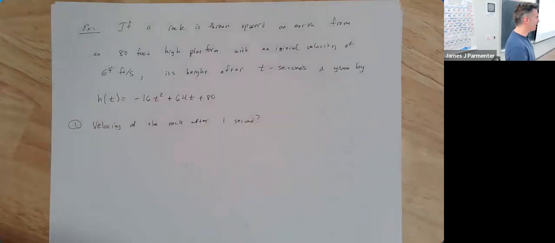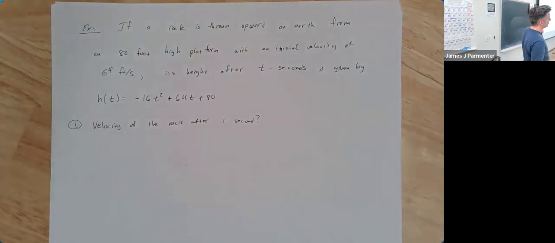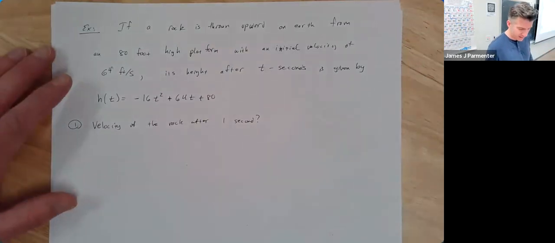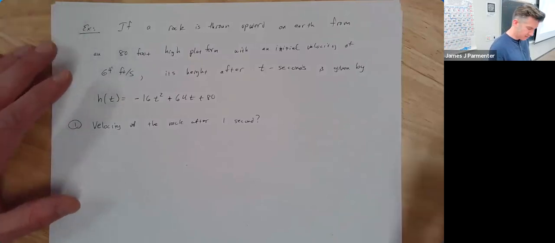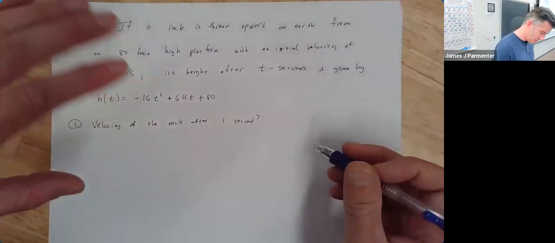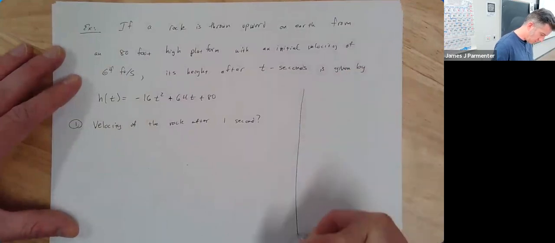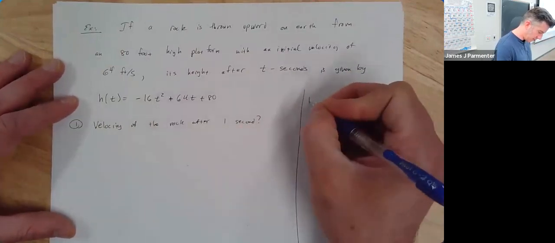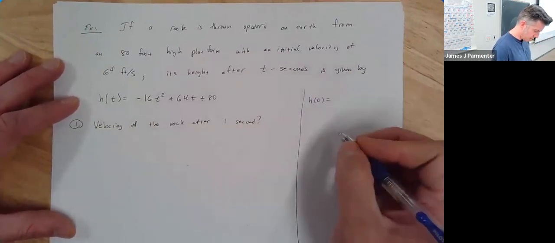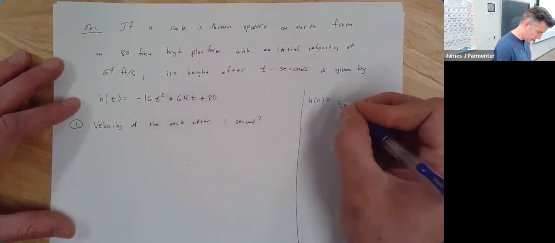It's kind of a hard question to answer without a little more context. Velocity is the derivative of position. So before we get to this question, let's answer a different question. We know the height at time 0 is 0 plus 0 plus 80, which is 80 feet.